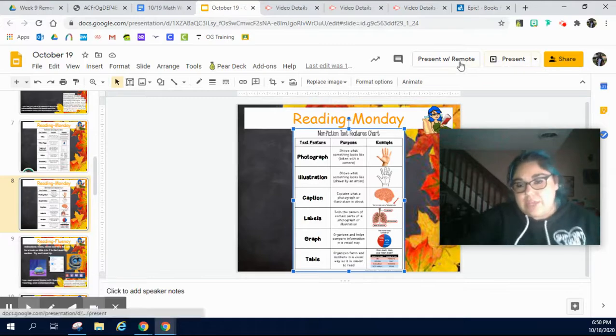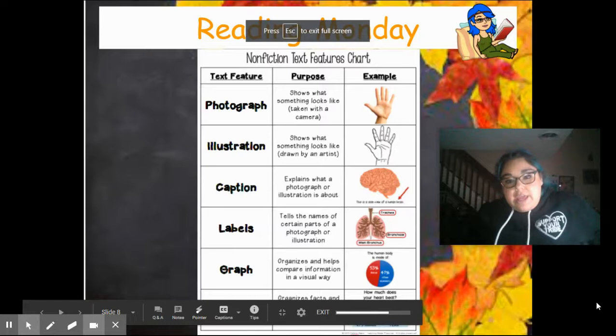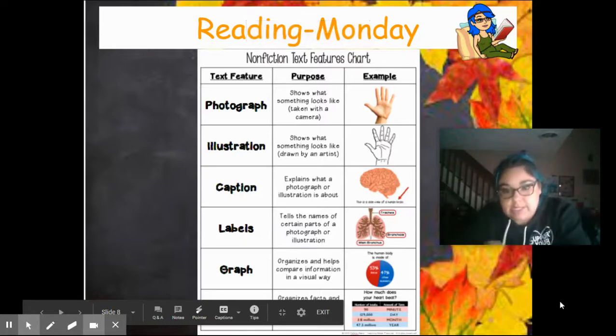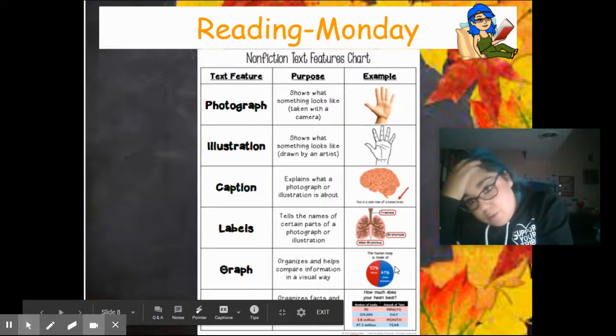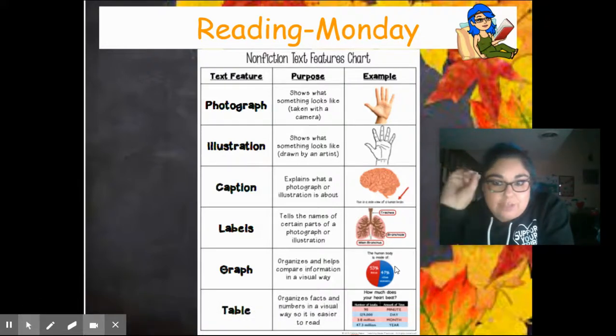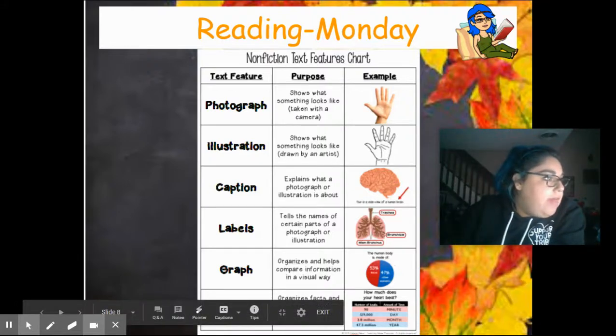All right, the last two things that we probably won't see in our books, but I wanted to show you what they are, is a graph. See if you can see right here, this is a graph. It helps compare information, but in a visual way. Instead of just words, it shows us a picture of what it looks like. And then we also have a table.